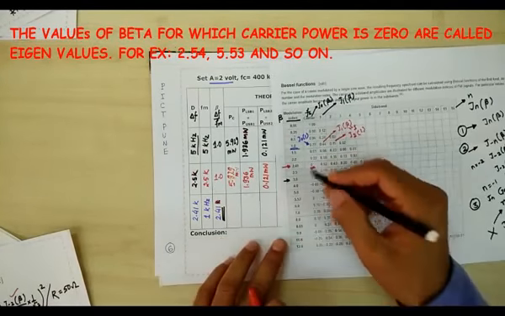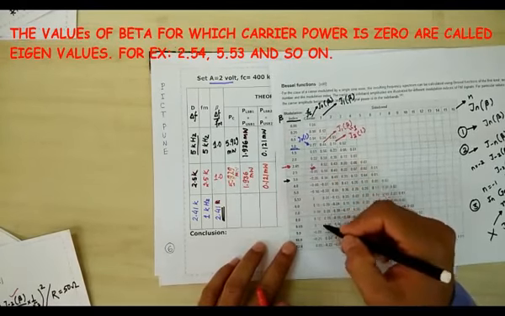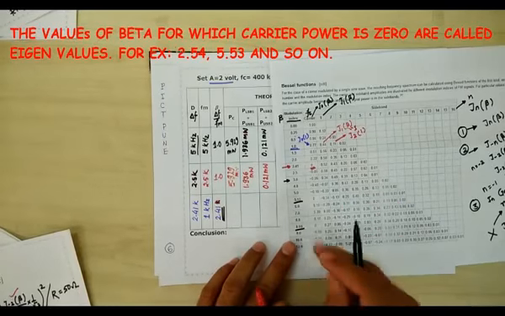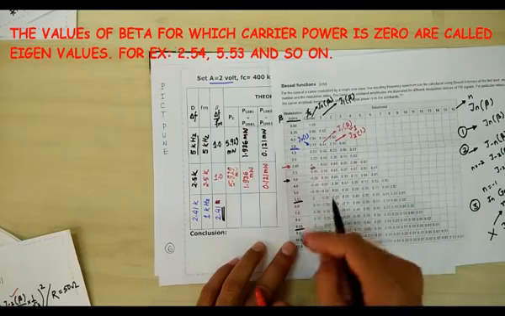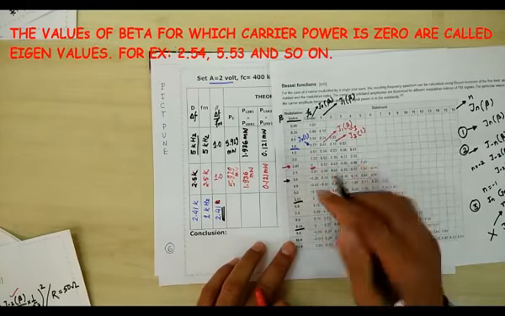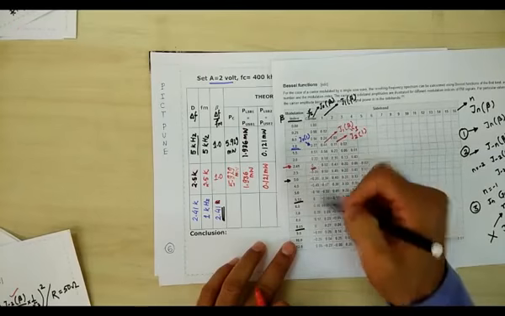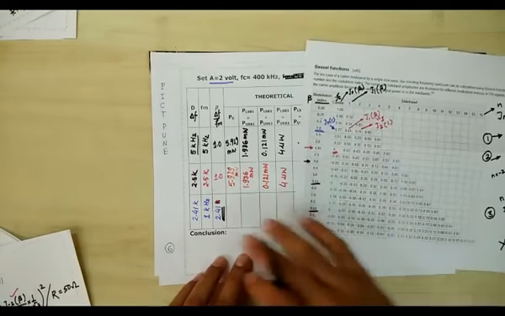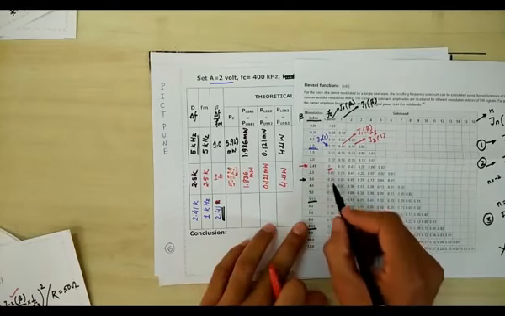There are some other values of beta for which the carrier term is 0, like here 5.53, 8.65. If you select these beta values, the carrier term is 0. So there are special values of beta for which the carrier term is not present. If you calculate this power, you have to read this table.